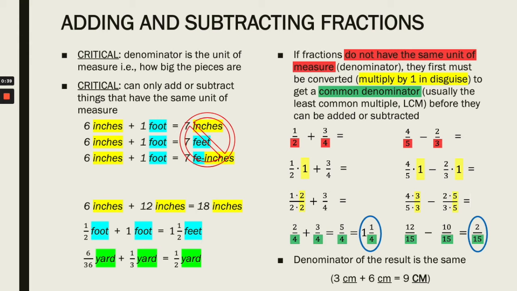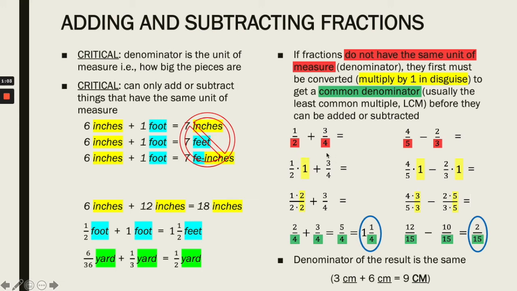I think this example is really easy for students to understand, so if you continue to convey to students that the denominator of a fraction is its unit of measure, then the need for common denominators when adding or subtracting fractions should be easier for them to understand. Looking at 1/2 plus 3/4, they do not have the same unit of measure.